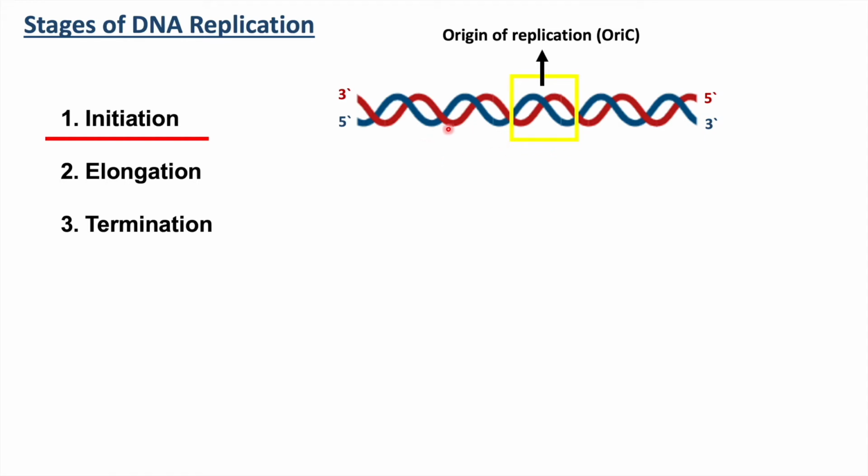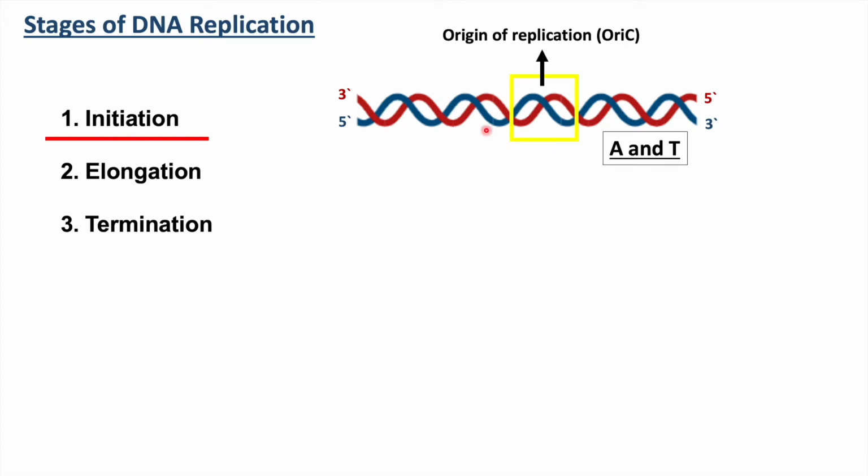Now the question is, why is not this area or this area called the origin of replication? There is a really good reason behind that: this site of origin of replication is almost exclusively composed of adenine and thymine. Why only adenine and thymine? Why not guanine and cytosine? If you remember from my previous video, adenine and thymine nitrogenous bases are joined together by 2 hydrogen bonds, as opposed to guanine and cytosine, which are joined together by 3 hydrogen bonds.